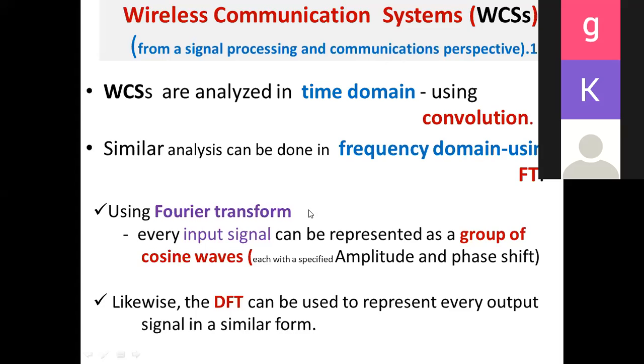So in the first slide, what we were discussing is that for analysis of signals, we use time domain and frequency domain. We use two tools: one is the convolution tool, the other is the Fourier transform tool. Fourier transform we use to represent the input side, and DFT represents the output signal in a similar fashion.